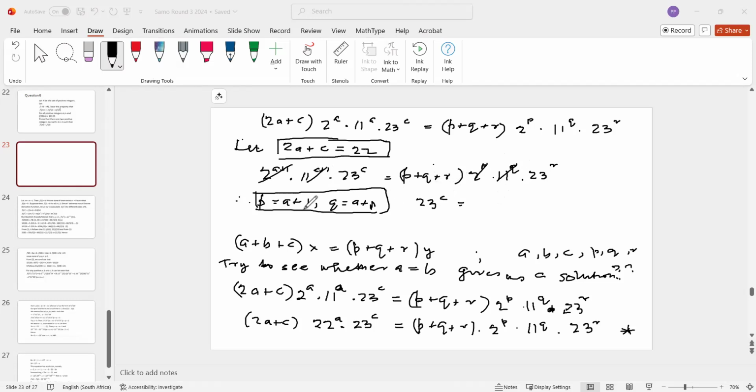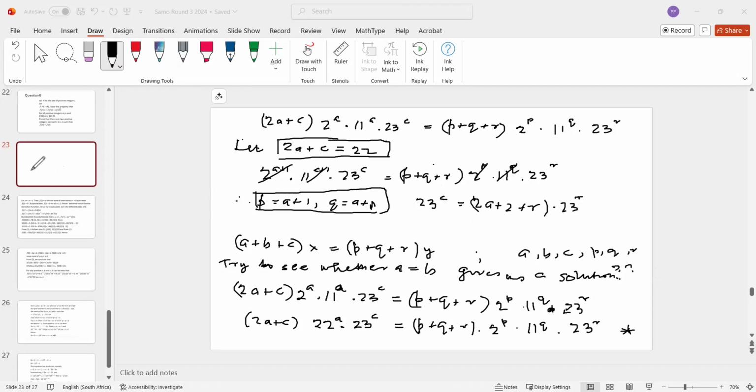But p plus q is 2a plus 2 plus r equals 23 to the power of r. I'm substituting p equals a plus 1, q equals a plus 1, and we have this. Now we have an equation here. We've got 23 to some power, and this is 23 to the power of r. So it follows that.